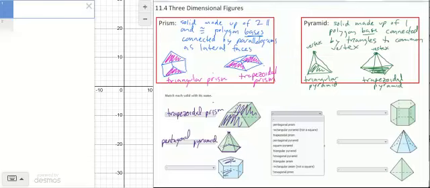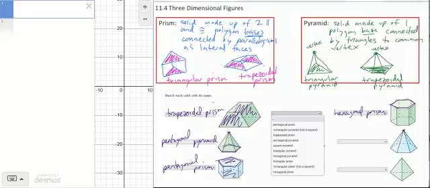Next, we have 2 parallel and congruent bases, so we know this is a prism with a shape of 1, 2, 3, 4, 5, which is a pentagon again, so pentagonal prism. Next, we have a prism again, parallel and congruent bases, but 1, 2, 3, 4, 5, 6 sides, so hexagon.